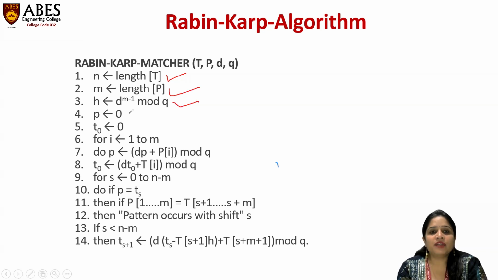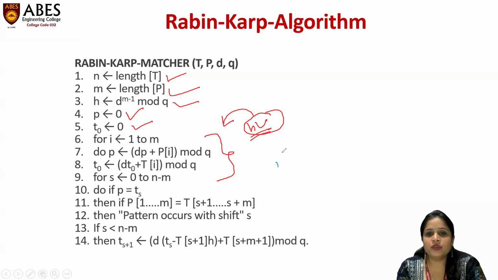After that, we initialize the value of the pattern hash p to 0 and t0 to 0. Then we apply steps 6, 7, 8. In these three steps, we use a loop to compute. First, we compute the hash value. After computing it, one by one we compare this hash value with the given text array to find a match.